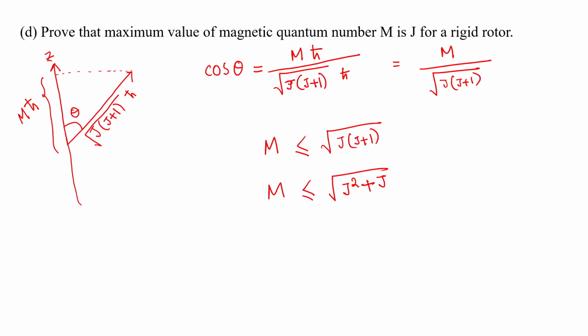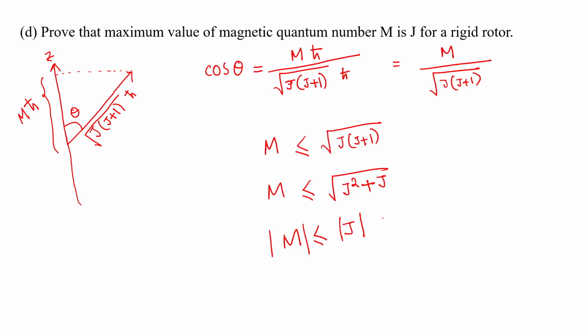Now for j equals to 1, m is always going to be less than or equal to root of 1 square plus 1, that is root 2. That eventually means that it is going to be less than or equal to 1. If j is 2, then m is always going to be less than or equal to root over 6. So by analogy, you can say that this is actually less than or equal to the modulus of j.